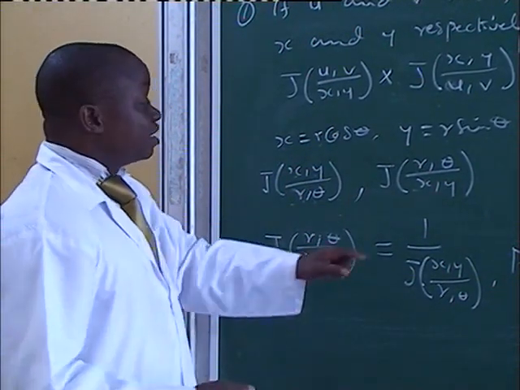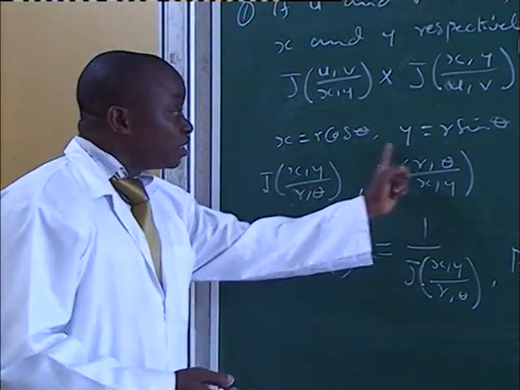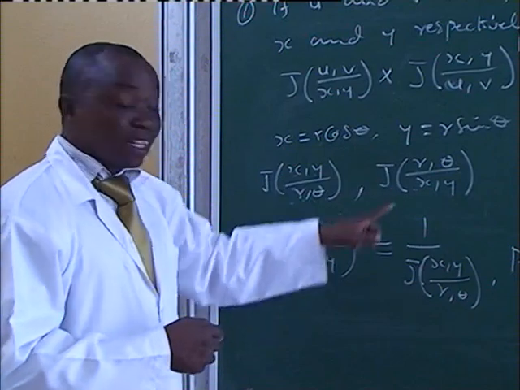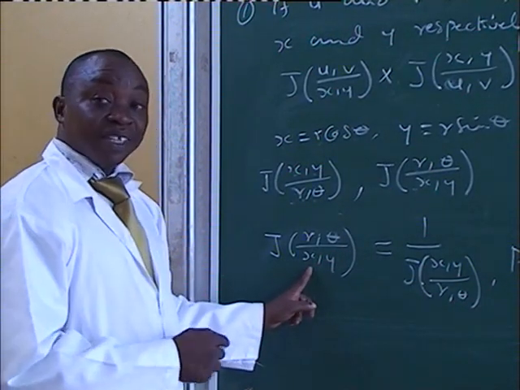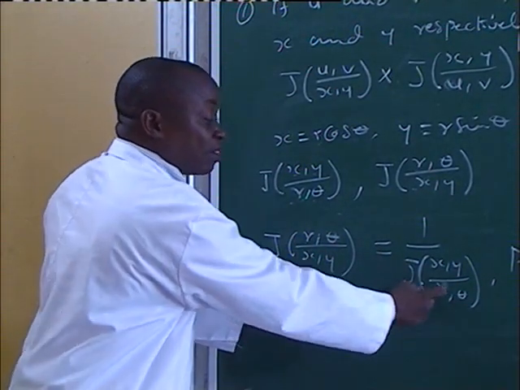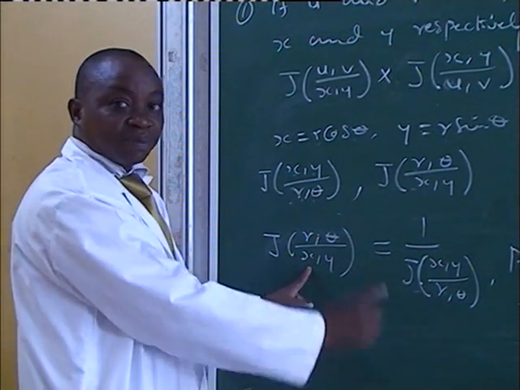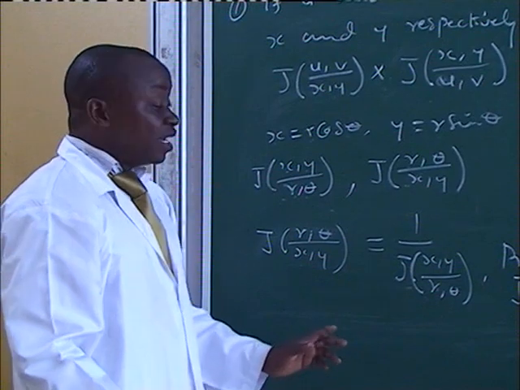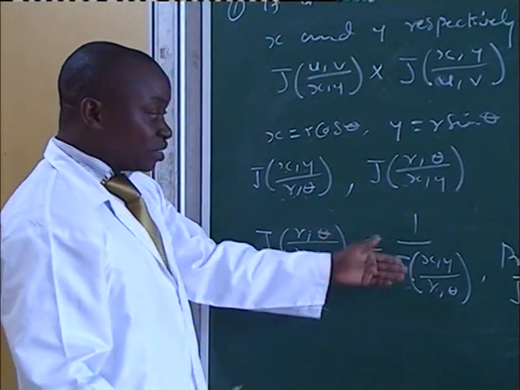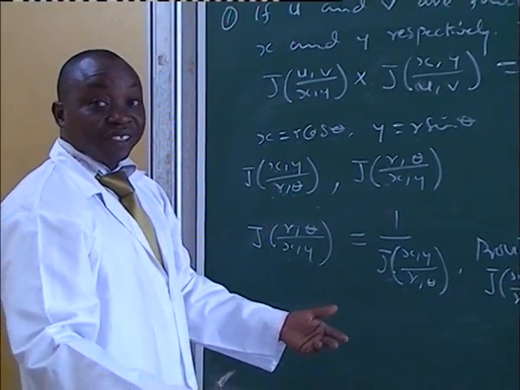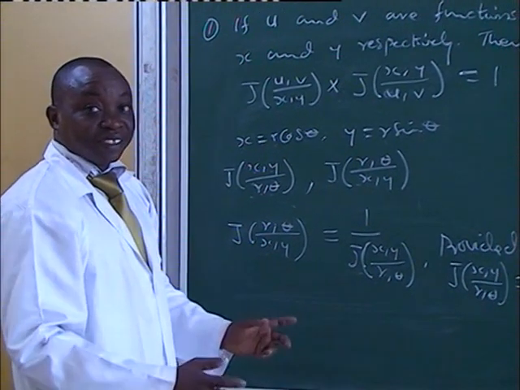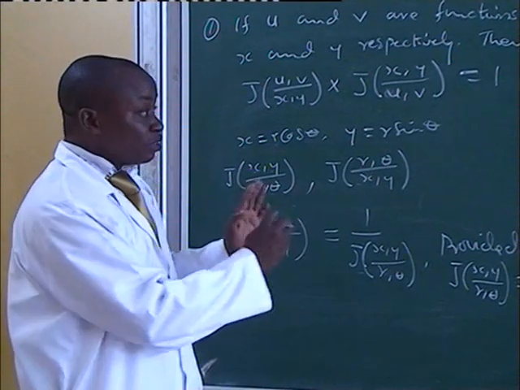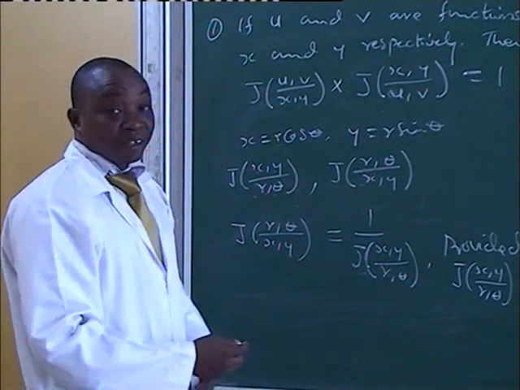What I will do is to take the Jacobian of this one that I know, then the Jacobian of that one that is not expressed is 1 all over the Jacobian of the one that is expressed as the function of r and theta. And so if you play back and then use this pattern, you see how very short and simple it is to get it. Now I'm going to take one example to show exactly what I'm talking about.